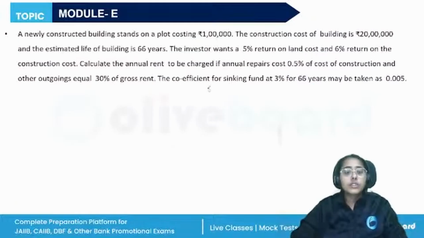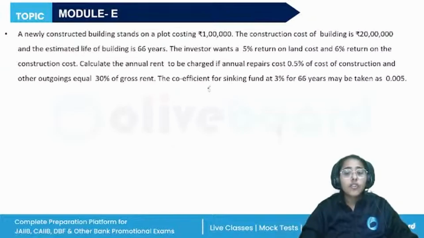All right. Then we move on to the last unit of our module E, which is valuation of real property. The question says a newly constructed building stands on a plot costing rupees 1 lakh. The construction cost of building is 20 lakh and the estimated life of building is 66 years.